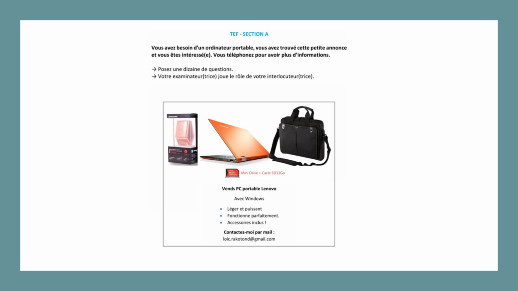In task 2 we can use tu because it's an informal conversation, but section A is totally formal and the duration is strictly 5 minutes. As for the second part, the duration is strictly 10 minutes. So let's start with our conversation.